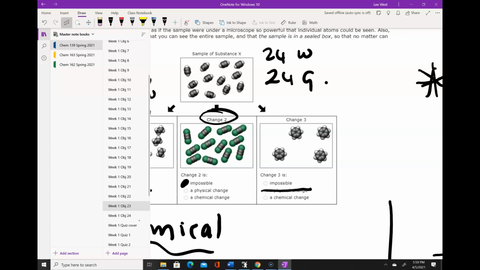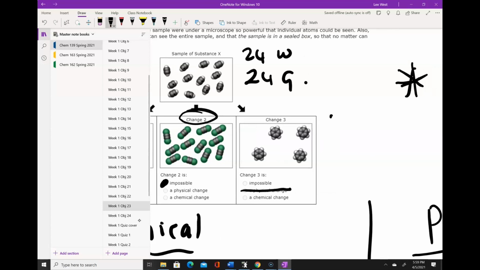Okay, so we know that this is not a physical change because we've reorganized how the atoms are connected for number 3. So the question is, is it impossible or chemical? In this case, I've got 4 molecules, and each molecule has 6 white atoms and 6 grey.